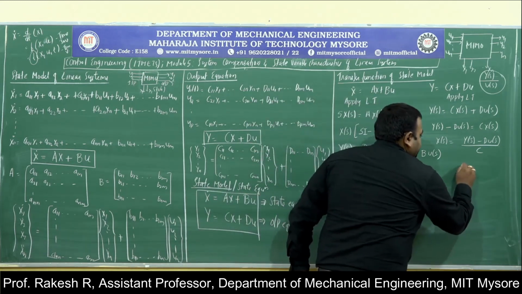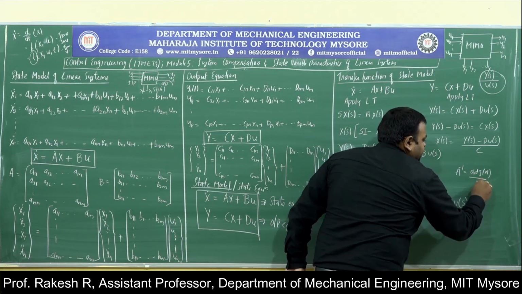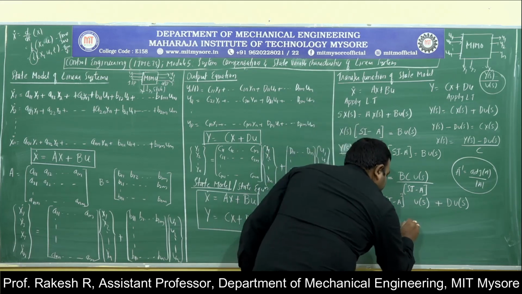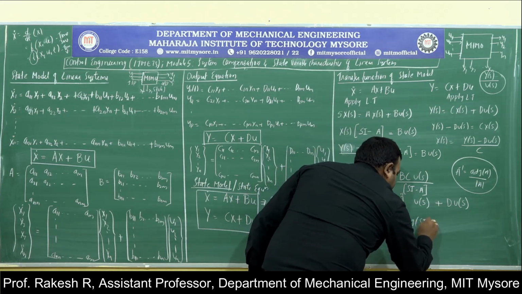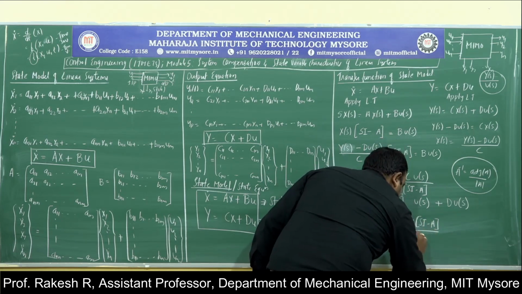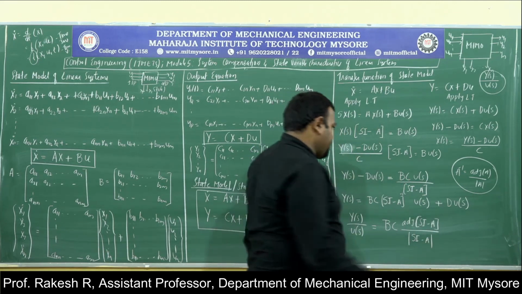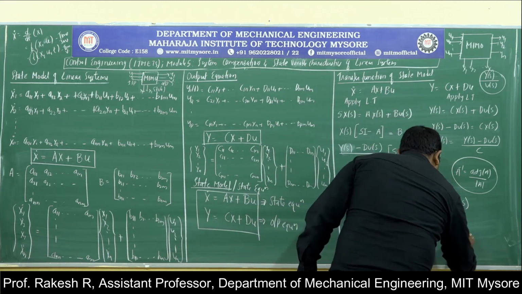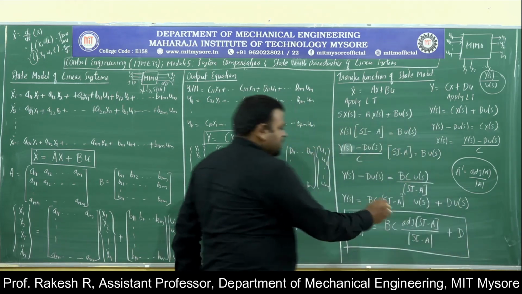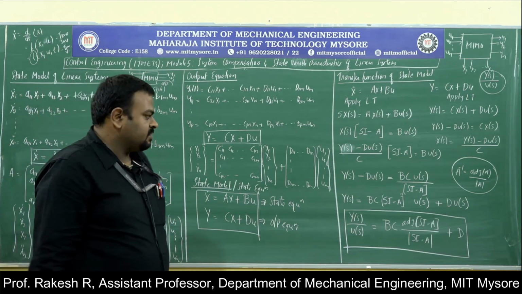If I take A inverse, it is adjoint A divided by determinant A. I will write this as adjoint of (sI minus A) divided by determinant of (sI minus A), plus D. So this is how we will calculate the transfer function for the state model.